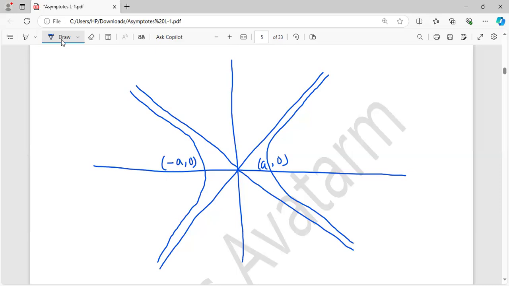Okay. So this is x square minus y square is equal to a square. This is also x square minus y square equal to a square.